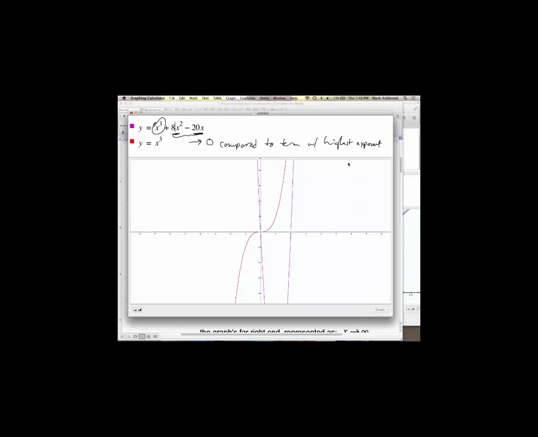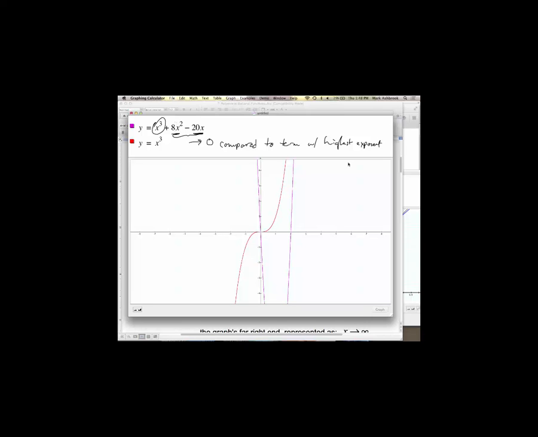So if we want to know what's happening for very, very large x, we just look at the term that has the biggest exponent. When x gets big, that one's going to dwarf all the rest of them. It's going to be so much bigger than the others, it's virtually like the others are 0.